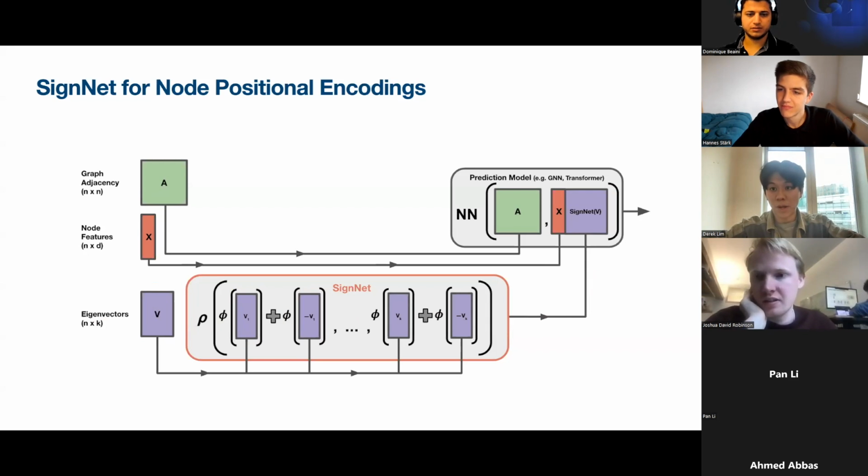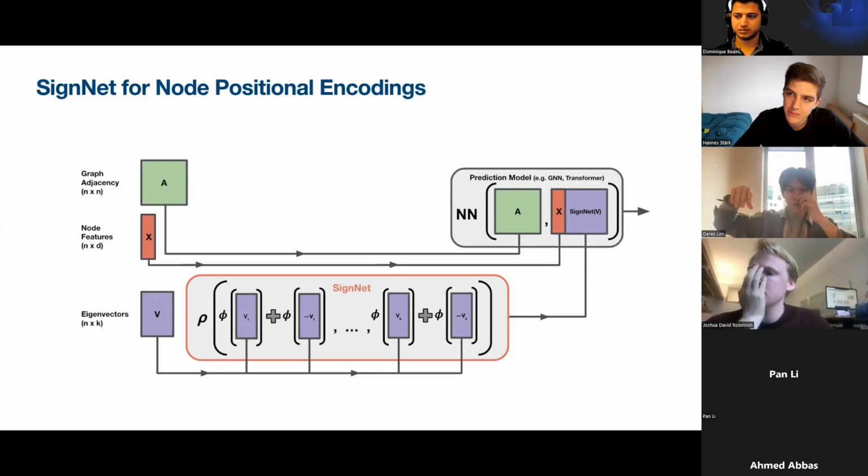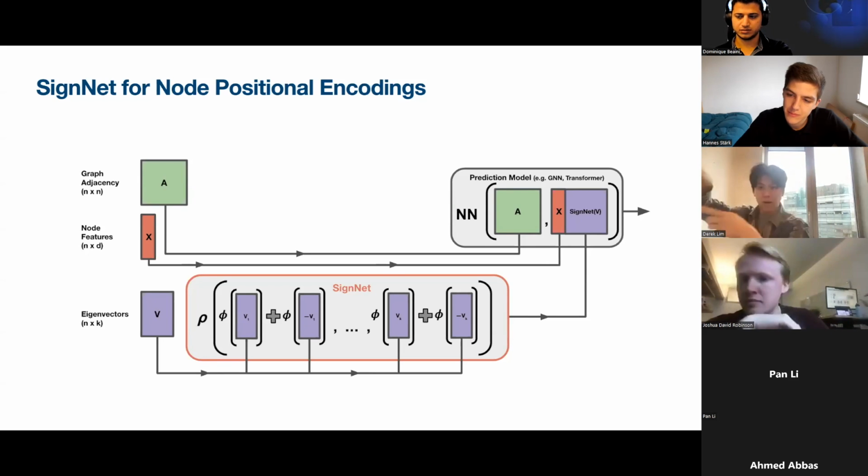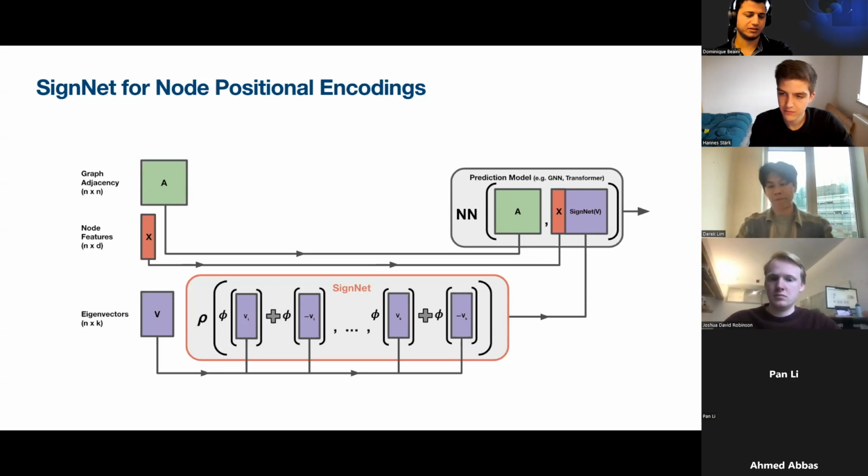Yeah, that makes sense. When we do all eigenvectors of a graph, we'll basically take rho to have a sum across all eigenvectors and then another MLP. It's kind of like a deep sets. Yeah, it could be a deep set.